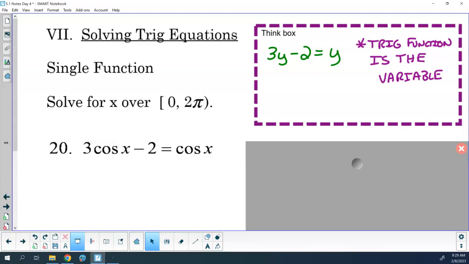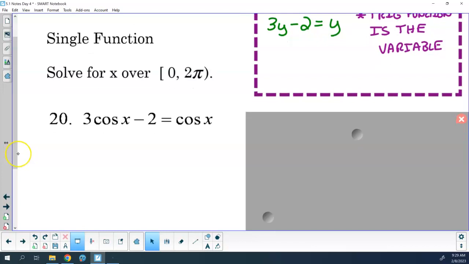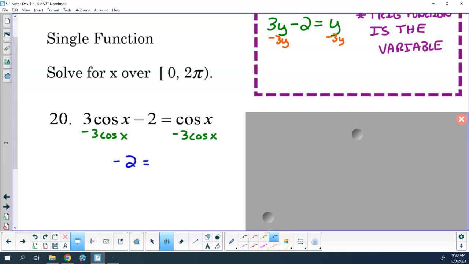Okay? So if this were me, in this particular case, I would here subtract 3 cosines of x. Just like way back up here in this algebra one, I would have subtracted 3y from both sides. When I do that, I get negative 2 equals negative 2 cosine of x.